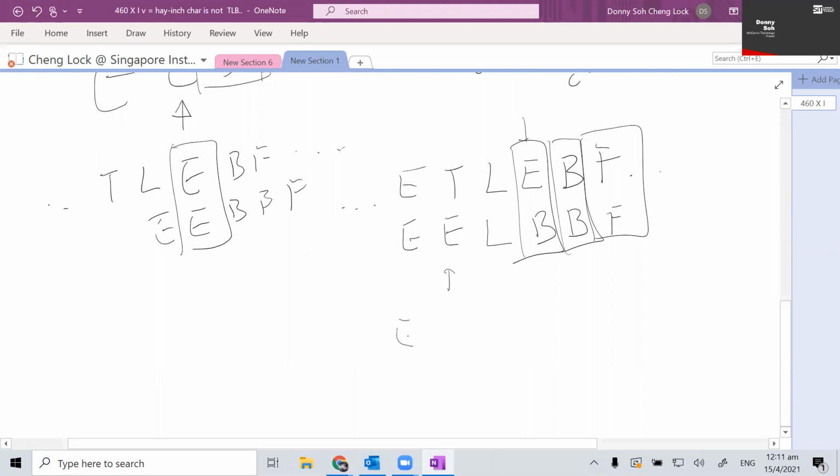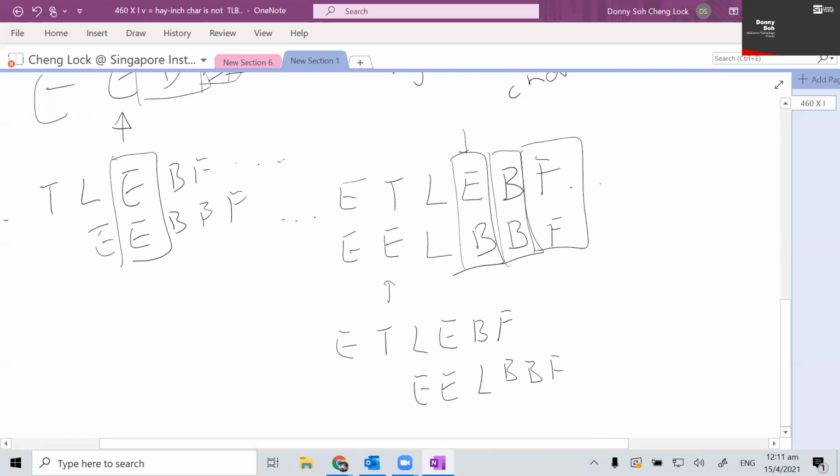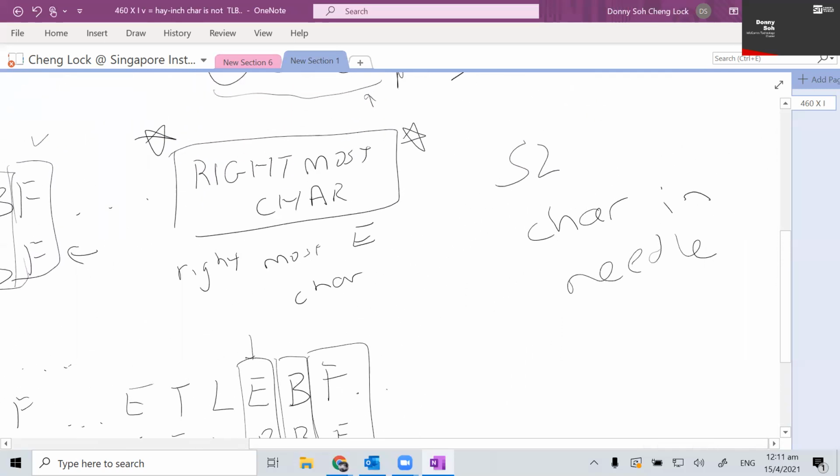And so this will become E, T, L, E, B, F. And this will become E, E, L, B, B, F. So this is scenario 2, where the character is in the middle.